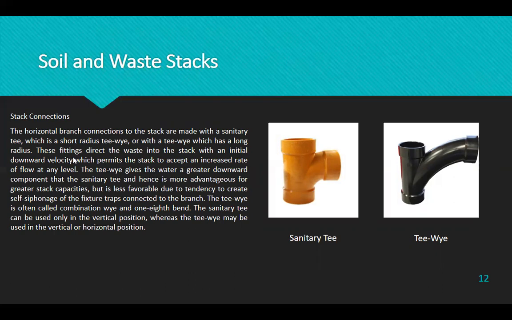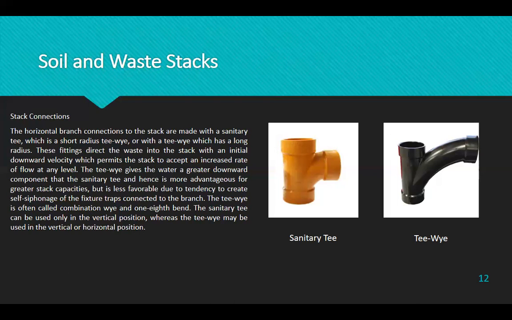This fitting directs the waste in the stack with an initial downward velocity, which permits the stack to accept an increased rate of flow at any level. The TY gives the water a greater downward component than the sanitary T, and hence is more advantageous for greater stack capacities, but is less favorable due to the tendency to create self-siphonage of the fixture trap connected to the branch.